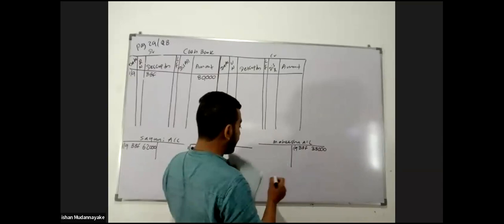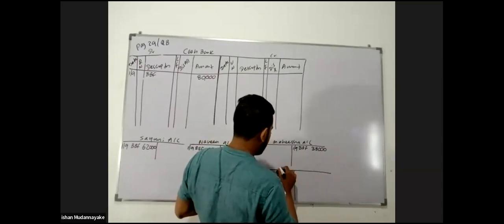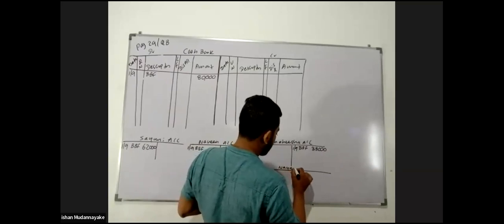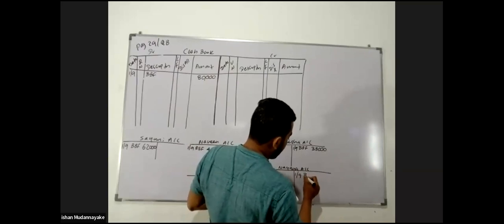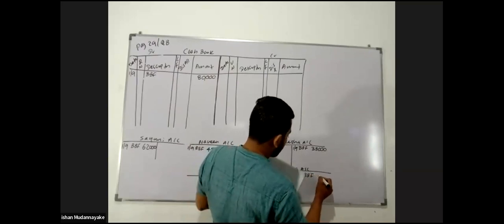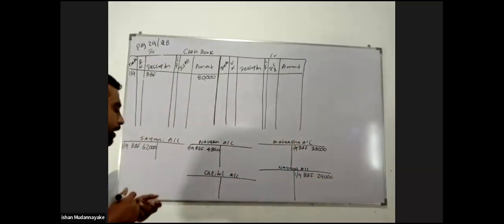And then Nayana, another supplier. Nayana account. For September, balance brought forward how much? 29,000. Right. Opening balances are okay.